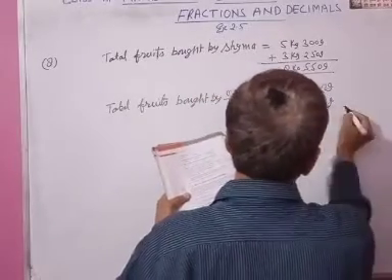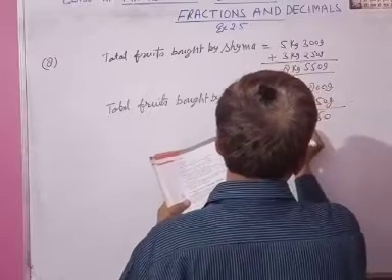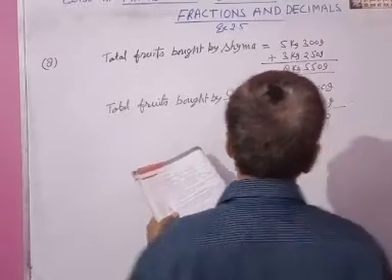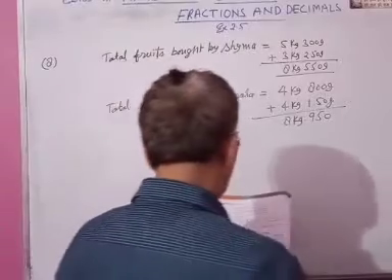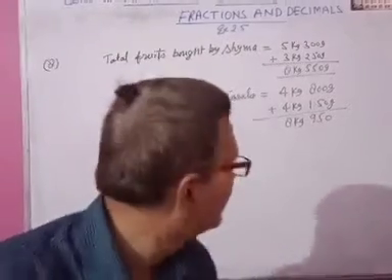You will add 0, 5, 9, 8 kg 950 gram. Who bought more fruits?